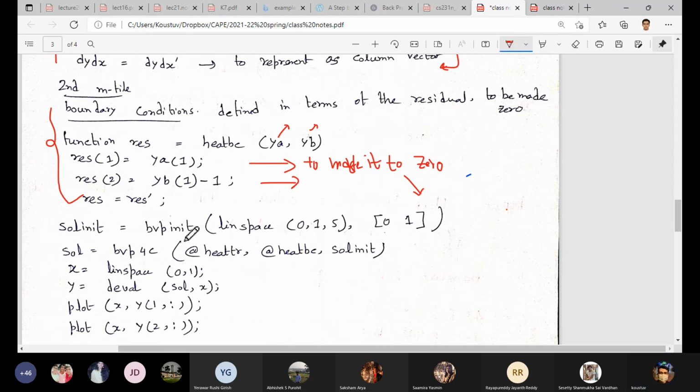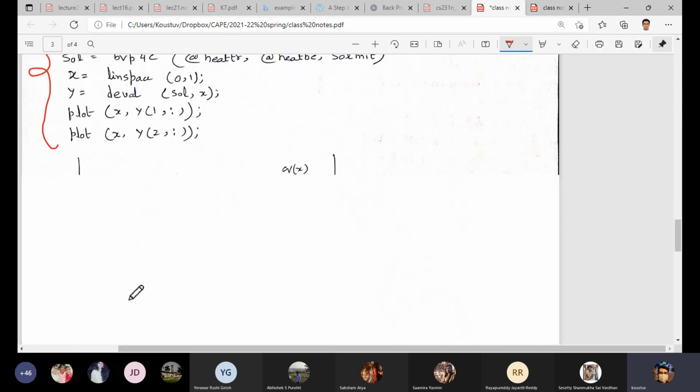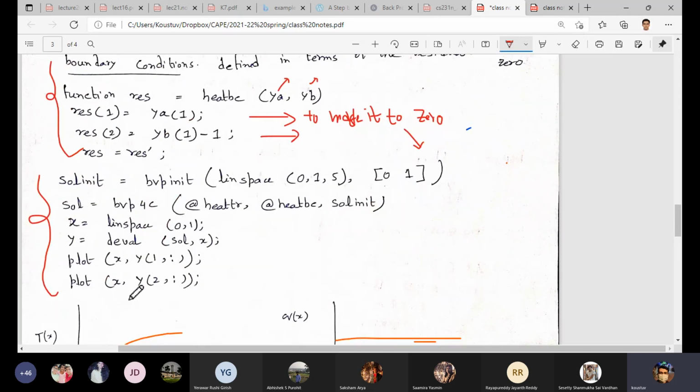And then comes the major part, which is called the main script file, where you first give the initial guess values. Based on that, you call the solver to solve the values. Typically this divides the range 0 to 1 into 100 points.